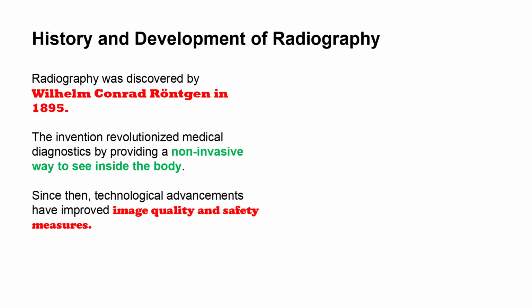Because of course, these X-rays use radiation to see inside of the body. And very importantly, you should understand that these radiations are very dangerous because they cause mutations, and of course they lead to many diseases like cancer. So that is why safety measures are very important.